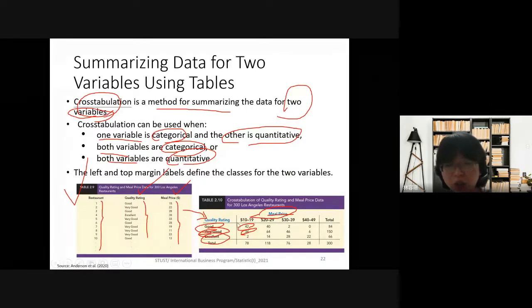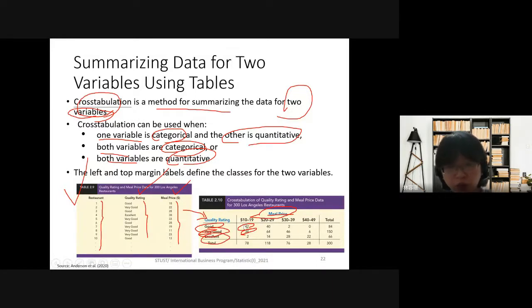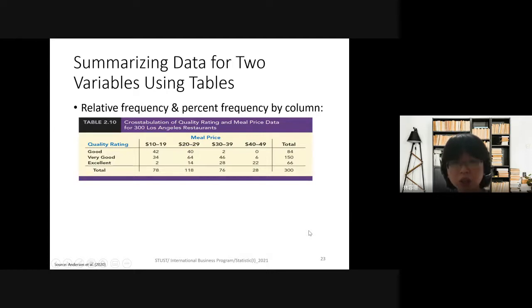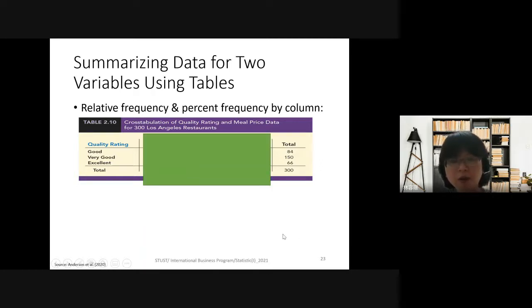So the cross table tells you, in different meal prices and different quality ratings, how many restaurants there are. Then, how do we make such a table?